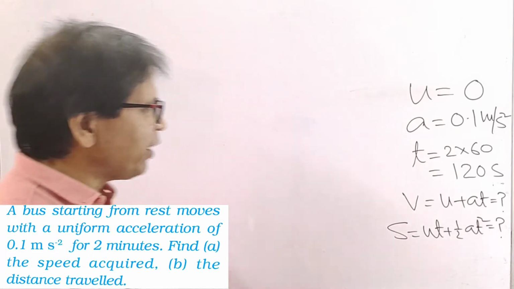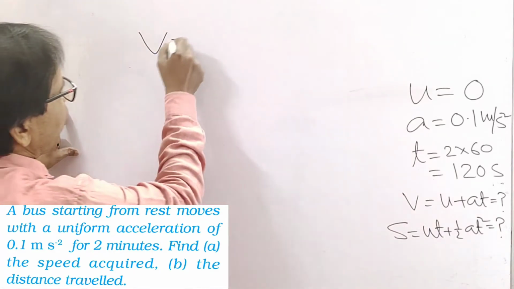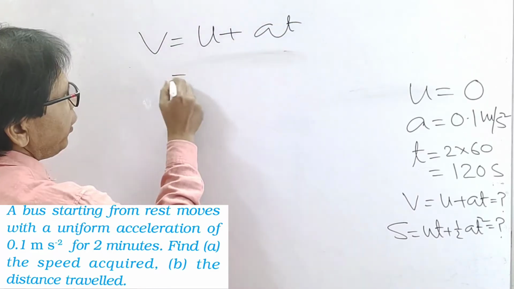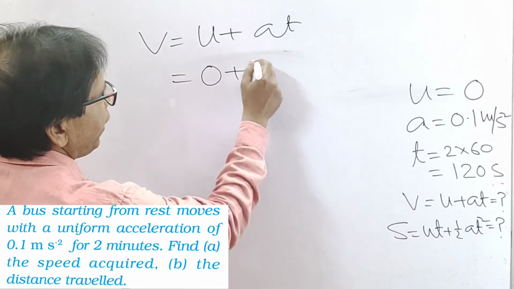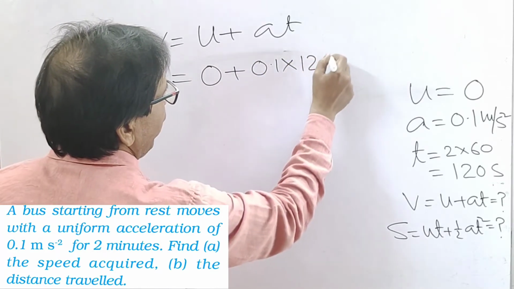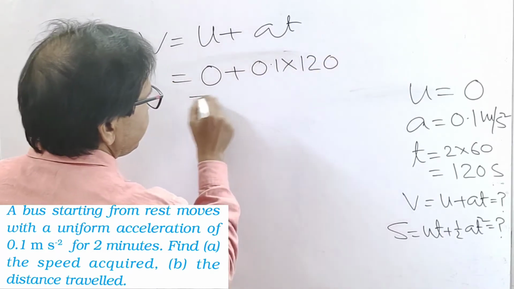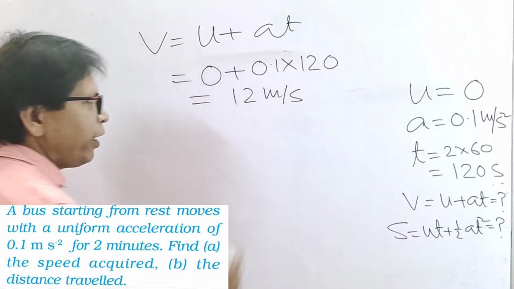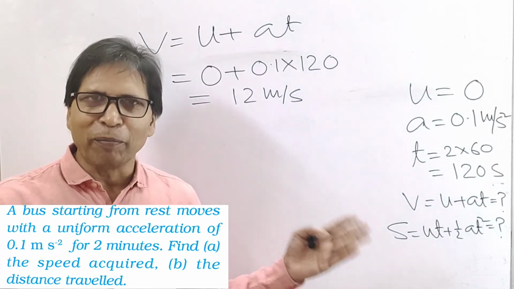So now here v equal to u plus a into t. Here u equal to 0, a equal to 0.1 into t, that is 120. So this is 12 meter per second, the final velocity of the bus.